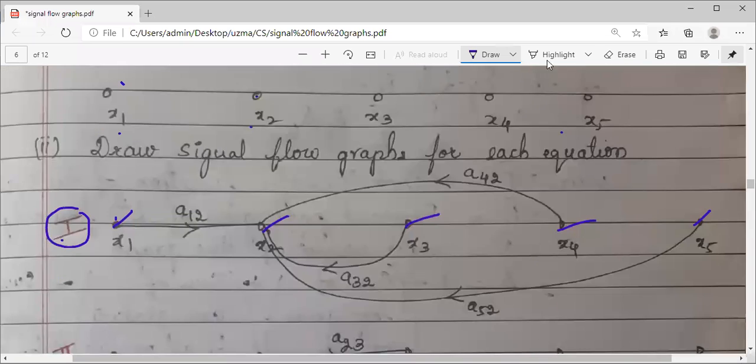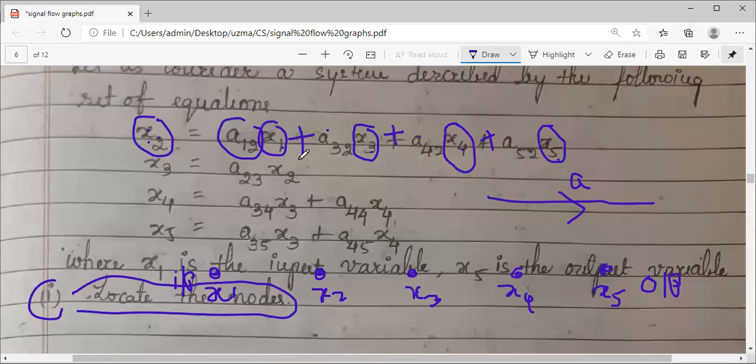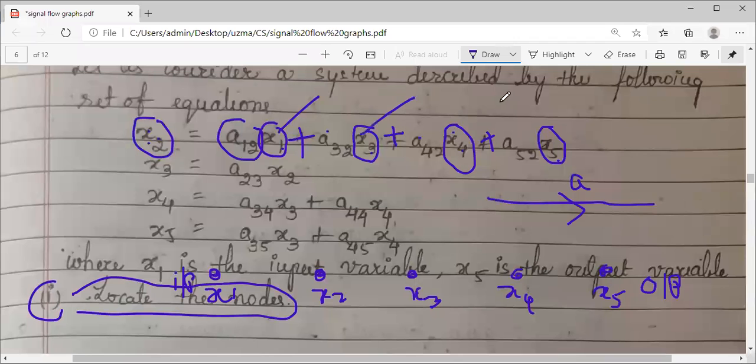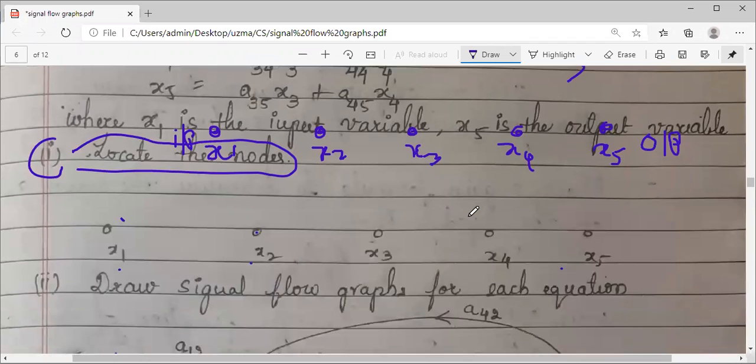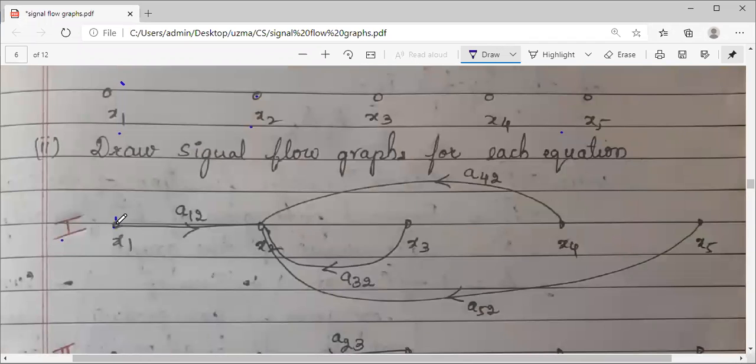Observe here what I have done. First mark these 5 nodes, X1, X2, X3, X4, X5, and then you have to take X1, X3, X4, X5. From X1, I have to come here and stop.